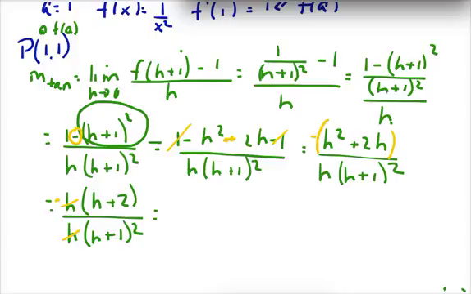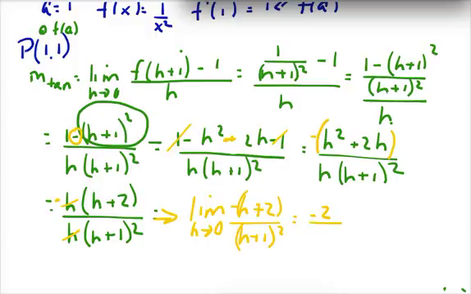Substitute in. Now solve for the limit. Minus h plus 2 over h plus 1 squared. Substitute in 0, and you're left with minus 2 over 1, which equals negative 2.